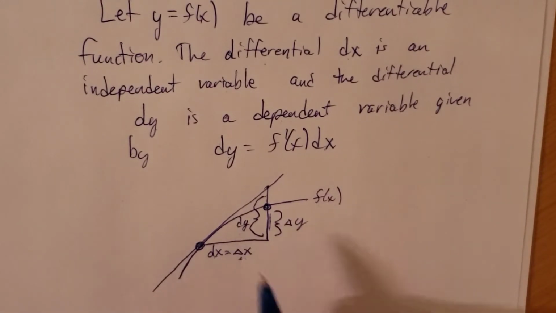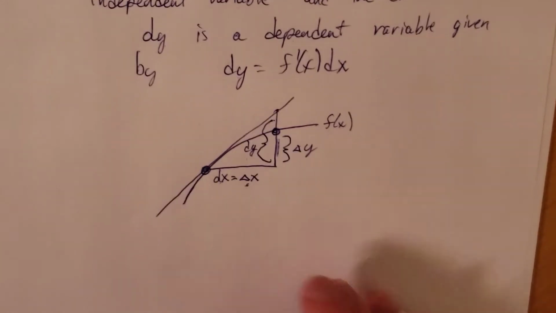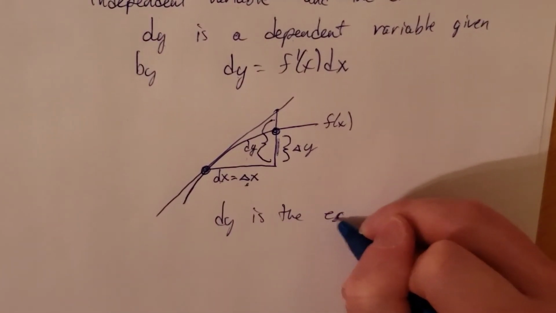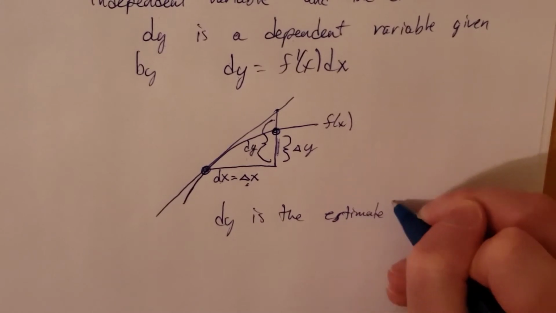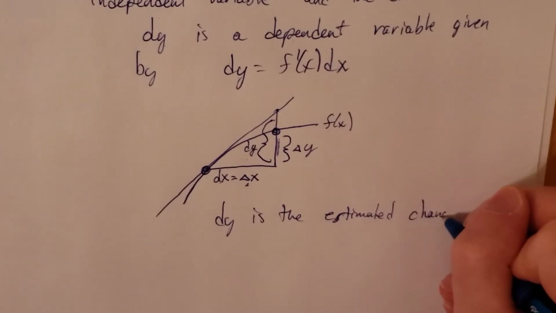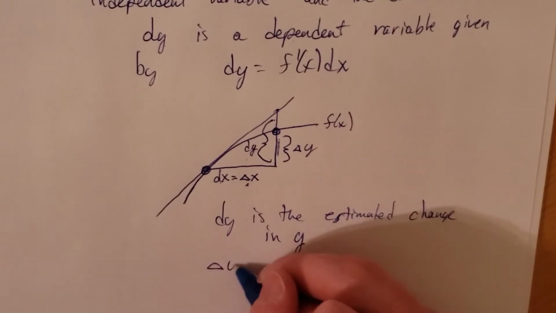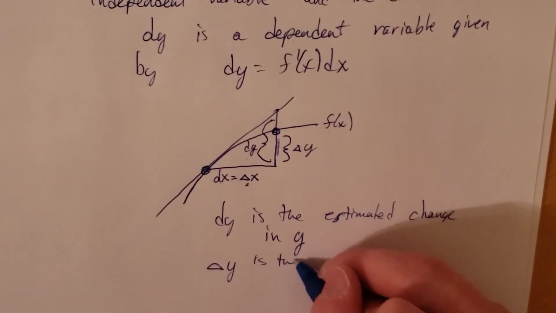So dy is the estimated change in y. Delta y is the actual change in y.